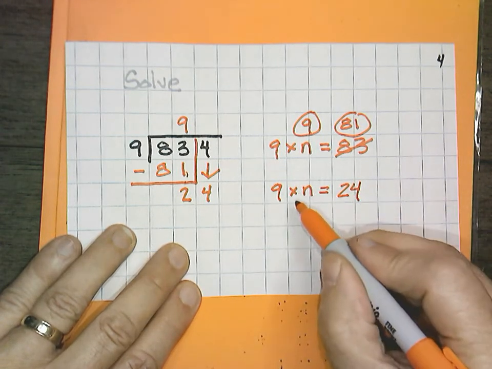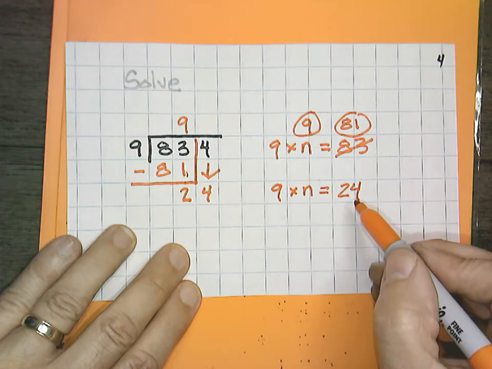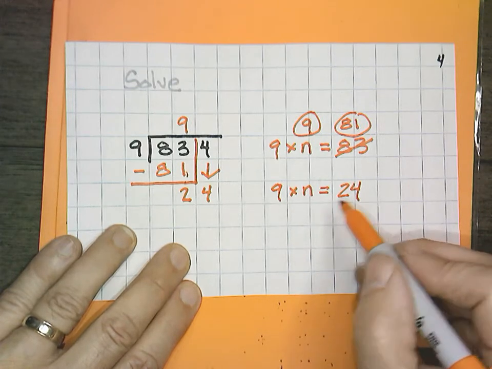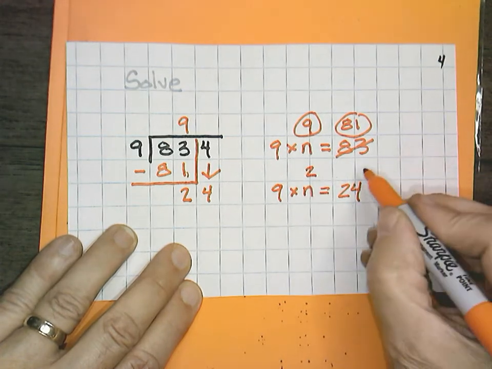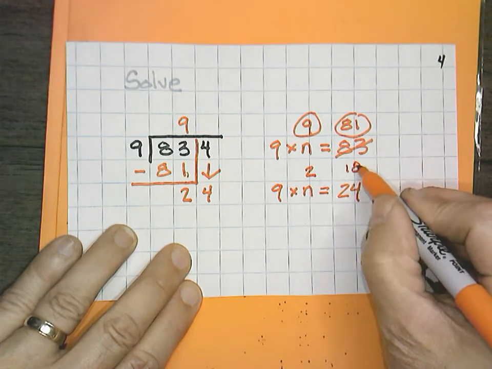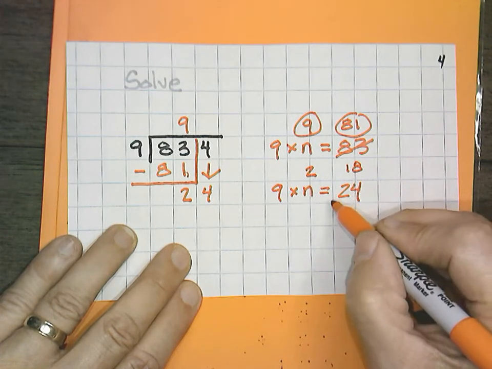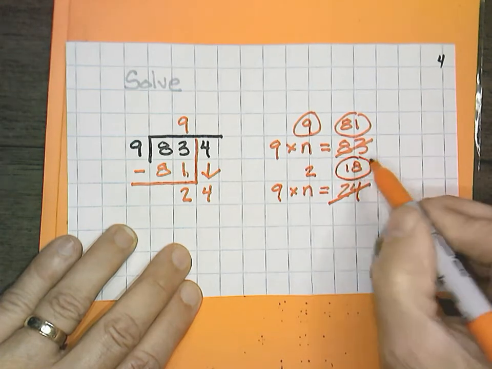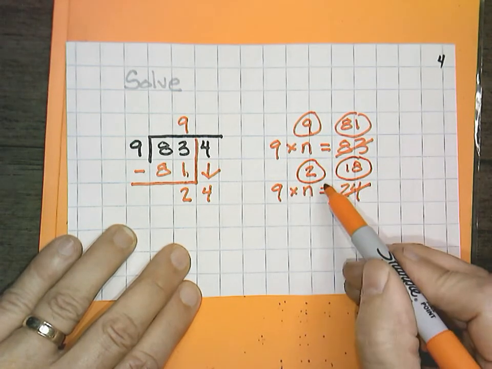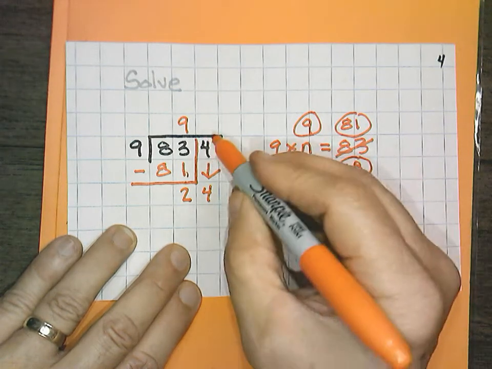With my knowledge of multiplication, I know that 9 times any number does not equal 24. But I do know that 9 times 2 is equal to 18. That's as close as I can get without going over. So it does not equal 24. It actually equals 18, but that's okay. So now we're going to use both of these numbers. Where does the 2 go? Right, it goes right up here.